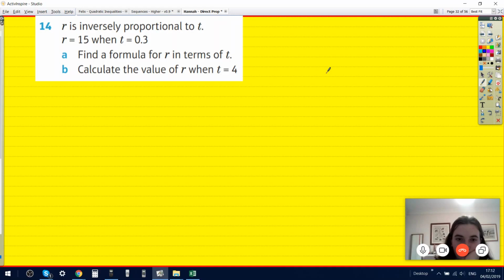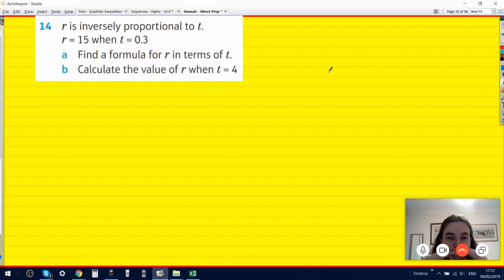How do we go about this? R equals 50t. Well, inverse proportion.